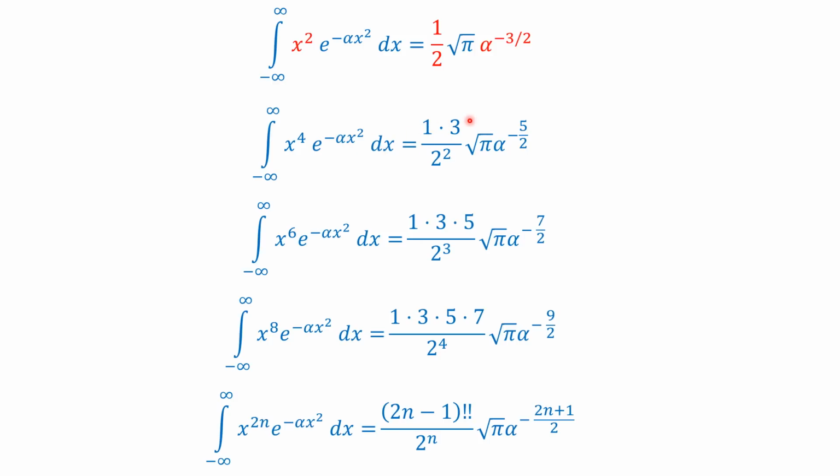So that is 1 dot 3. Here, for 2n minus 1 double factorial that is 5 double factorial, so 1 into 3 into 5. And here n is 3, 2 power 3. Like that it will go. You remember this final result. This is a very, very important result. Frequently you are going to use it in quantum mechanics.